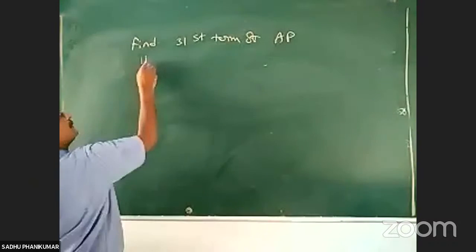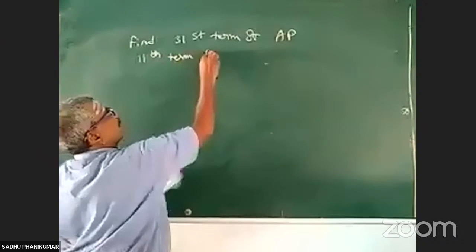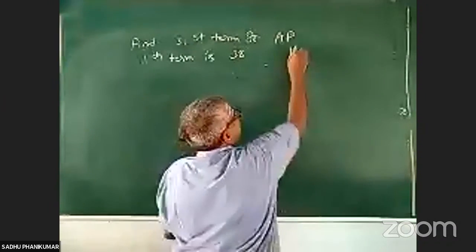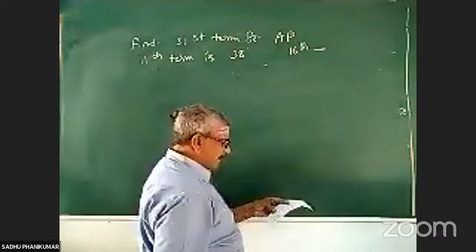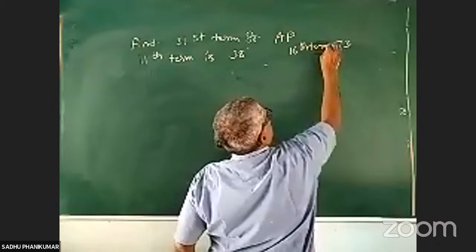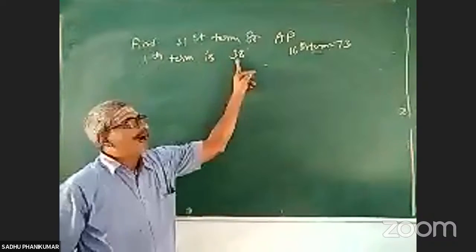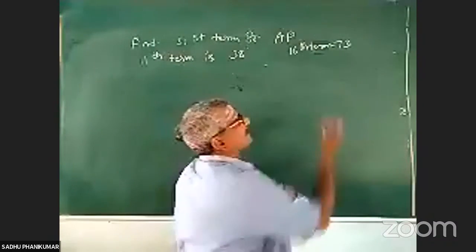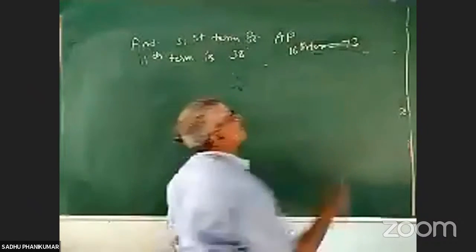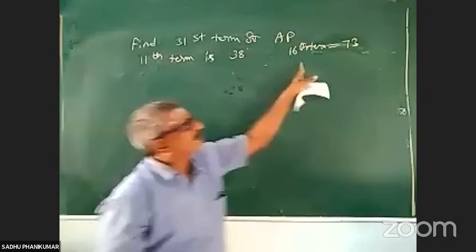The 11th term is given as 38, and after that the 16th term is given as 73. Both the 11th and the 16th terms are given: the 11th term is 38, and the 16th term is 73.